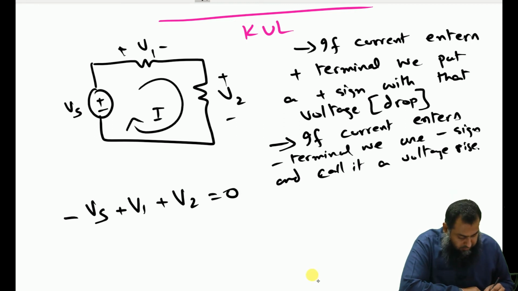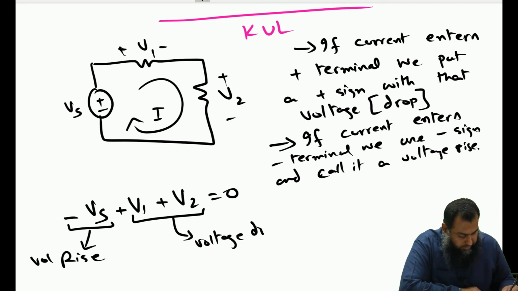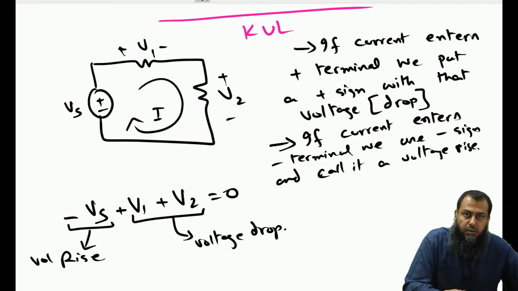In other words, the negative sign represents the voltage rise, and these two represent the voltage drop, and that is what we studied in the definition of Kirchhoff's voltage law, that the sum of the voltage rise is equal to the sum of the voltage drop.